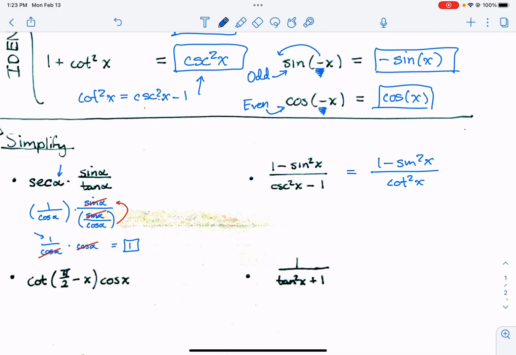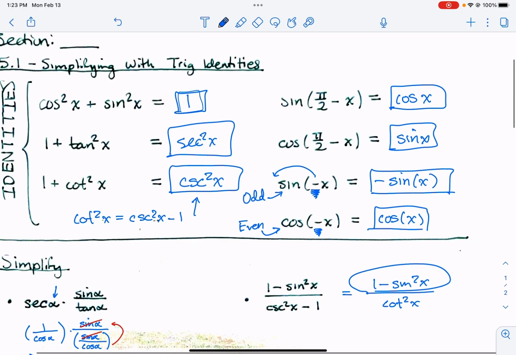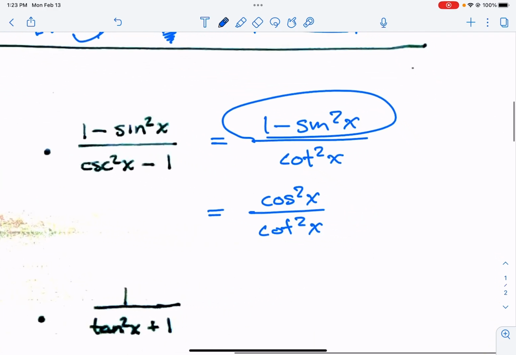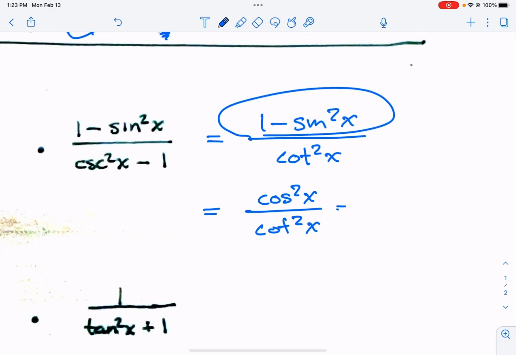And yes, it looks like it's probably a good idea to go ahead and change this 1 minus sine squared x. If you're looking at this identity over here, if you subtract sine squared x on both sides, you'll get that the numerator is the same thing as cosine squared x. So we have cosine squared x over cotangent squared x. That is a lot simpler. Remember, cotangent is the same thing as cosine over sine.